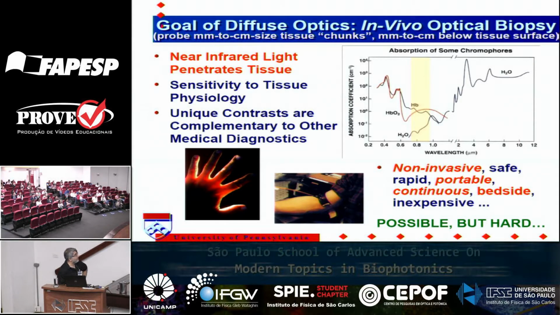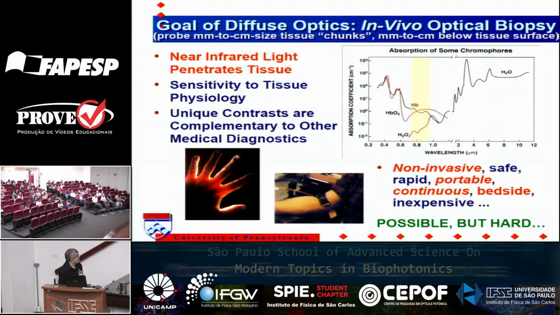That's especially clear if you look at the main absorbers in tissue, which I've shown here. This is the absorption coefficient versus wavelength for water and oxy and deoxyhemoglobin. The main thing is that there's this window in the near infrared where their absorption is relatively low. So you can have light penetrate deeply into tissue, but on the other hand, it scatters a lot.